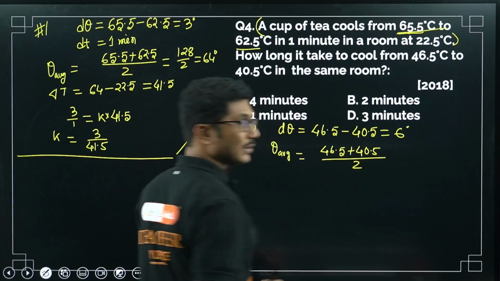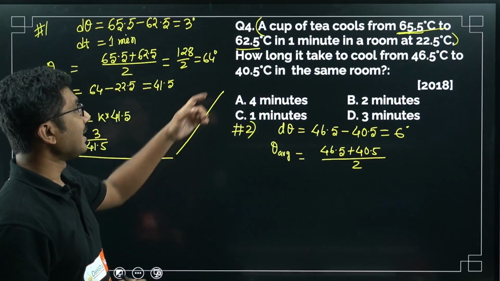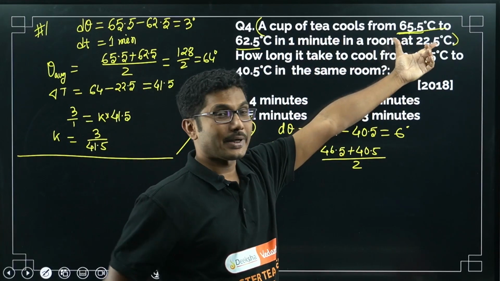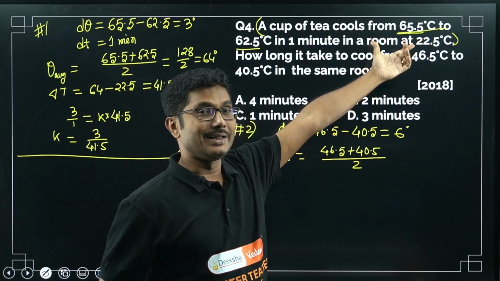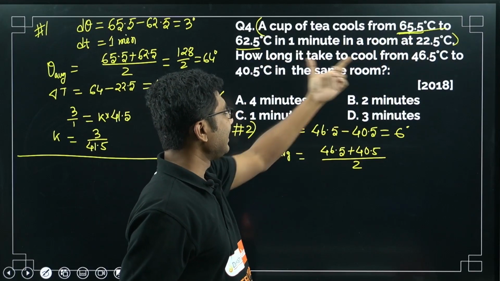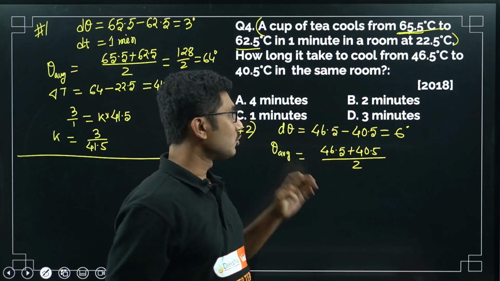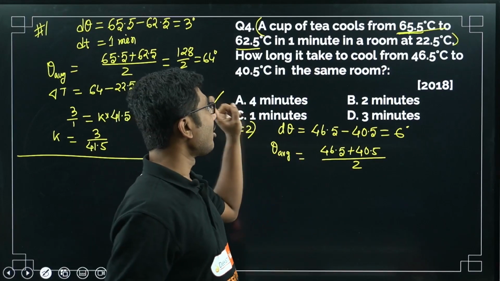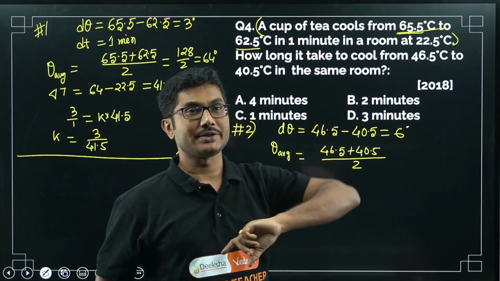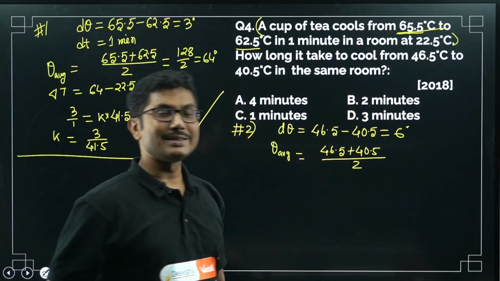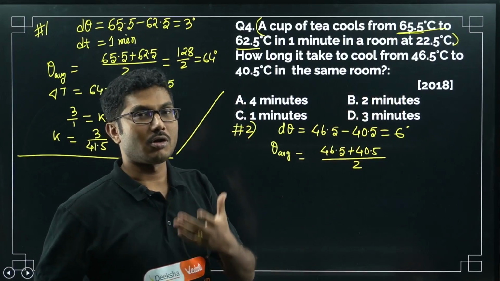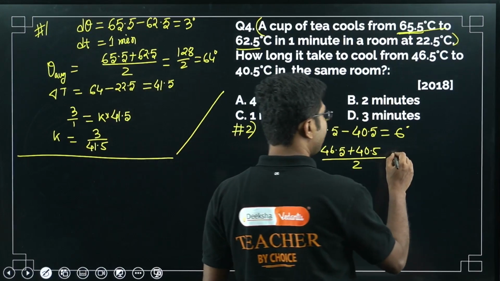Now this is a trap in this kind of question. You might think, for the temperature change of 3 degrees, 1 minute is taken; here the temperature change is 6 degrees, so 2 minutes will be taken. That will be wrong, because it not only depends on the change in temperature, it also depends on the difference in temperature. That is why Newton's law of cooling problems are a little bit tricky.